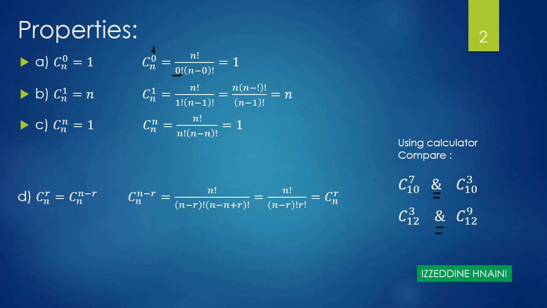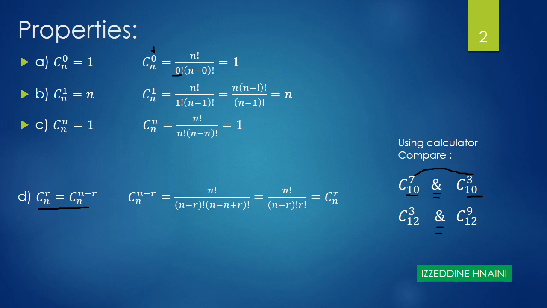In fact, if we have the same n and the sum of this r and this r equals n, then these two quantities are equal. So in general, C(n,r) equals C(n,n minus r).